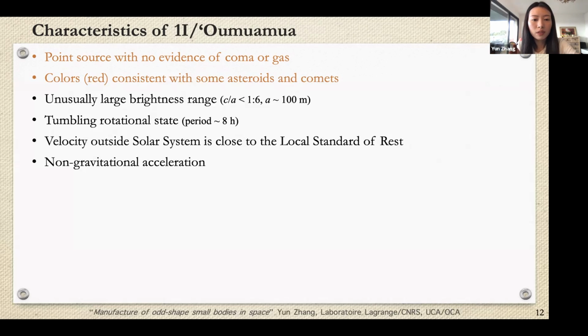And also because the sublimation of a comet can make a cometary body more visible than an asteroid-like body with the same mass.